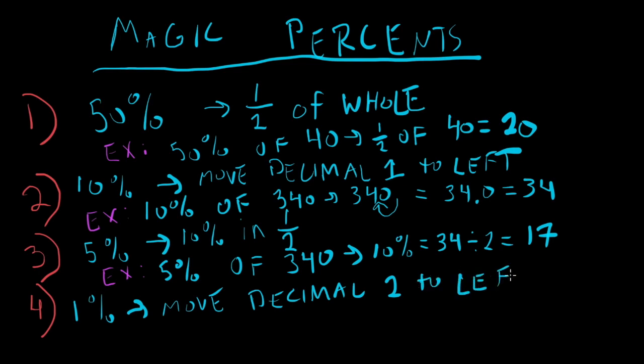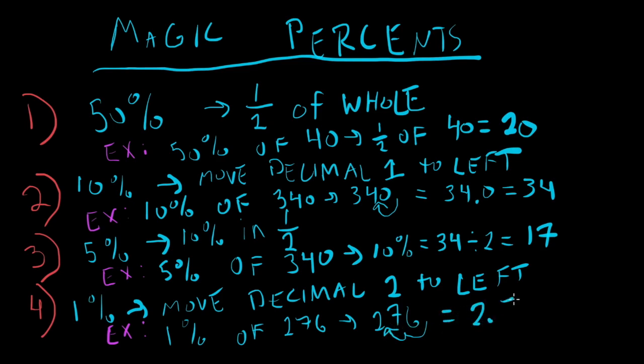So if we want to do a quick example here, and we want to find out what 1% of 276 is, we just take 276 and put our decimal place twice to the left. So our answer is going to be 2.76. So 1% of 276 is just 2.76.